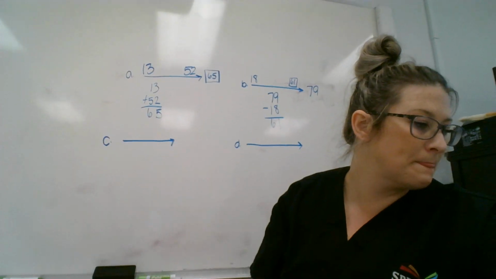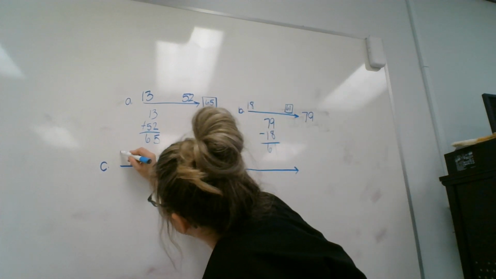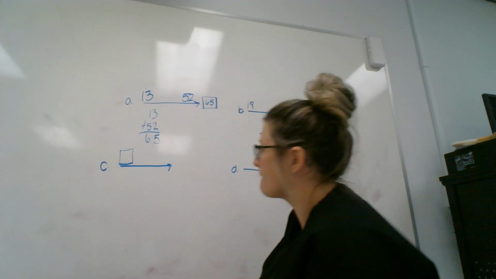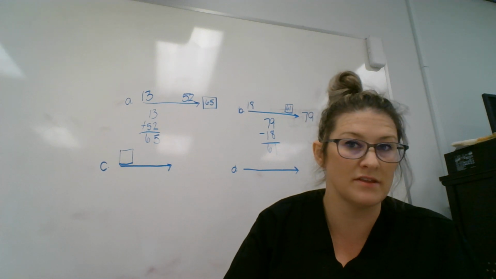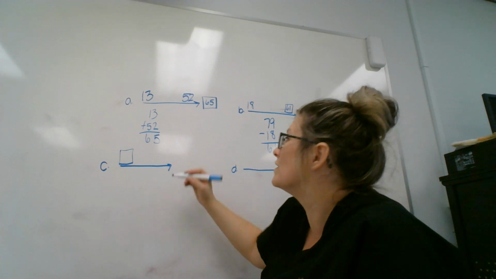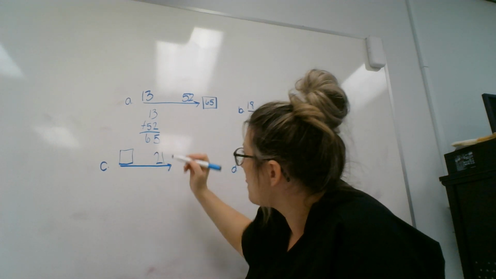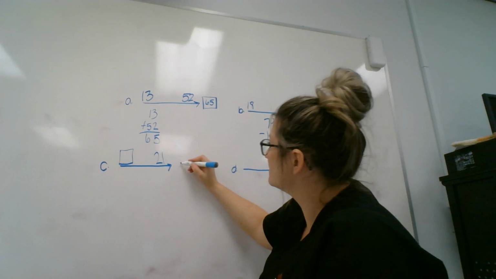Problem C. The first small number is a box. So starting with a box here. And you should be writing these in on your number lines that are given there. The second small number is 21. The big number is 86.